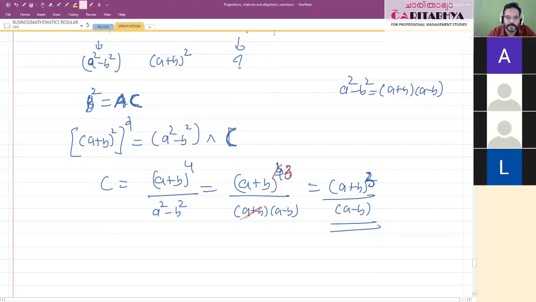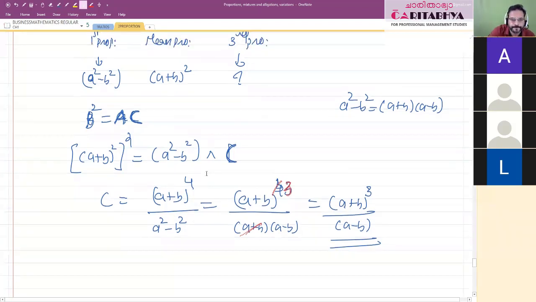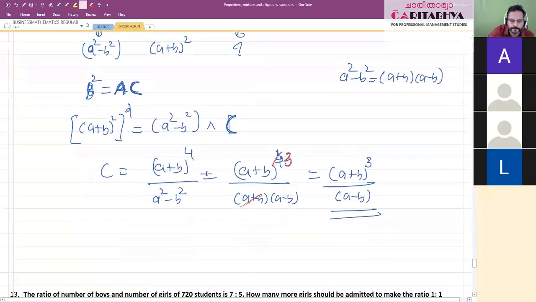So the answer is a plus b the whole cube divided by a minus b. Clear? Yes, sir.